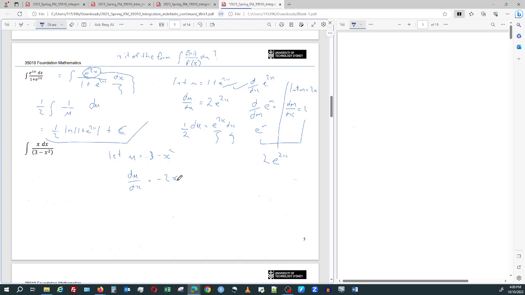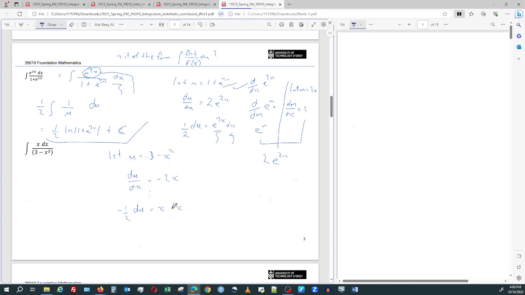So we do our multiplication and division. So we'll get minus 1/2 du, and that is equal to x dx.